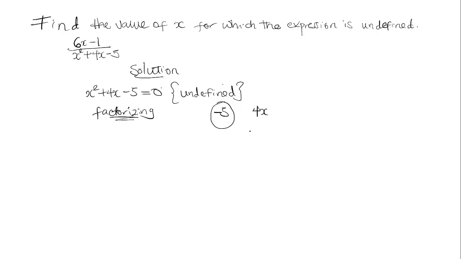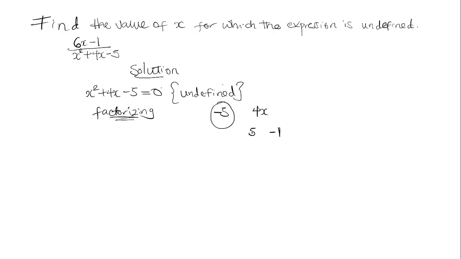So those two numbers are 5 and 1. How do we get minus 5 by multiplying them? One of them is positive and the other is negative. That is, 5 is positive here, then our 1 is negative. So 5 times minus 1 would give you minus 5.